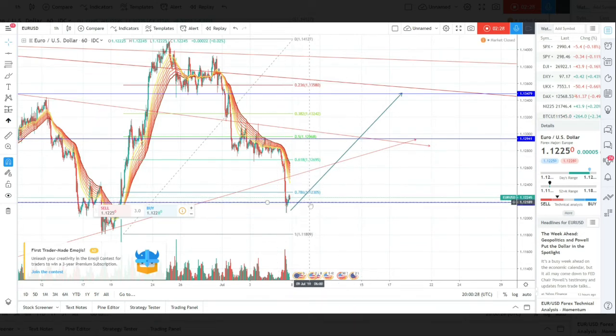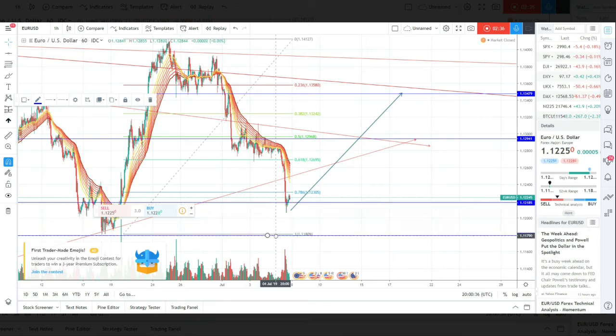It could even go further down to over here, I'll put it underneath 1.118. It could go down even further to this point, but eventually we see the Euro USD go up.